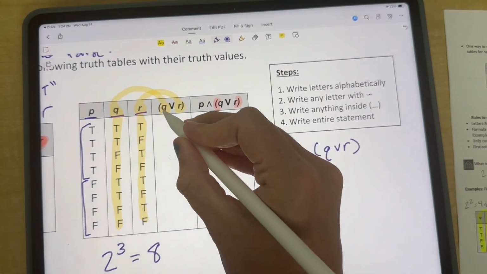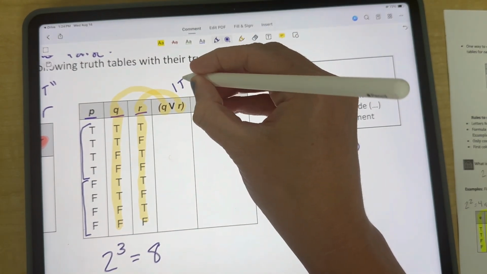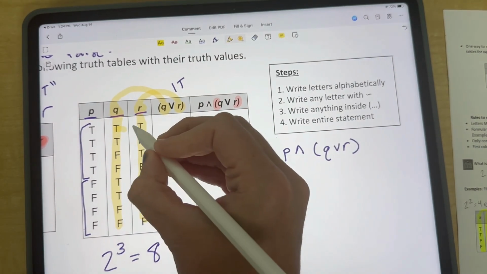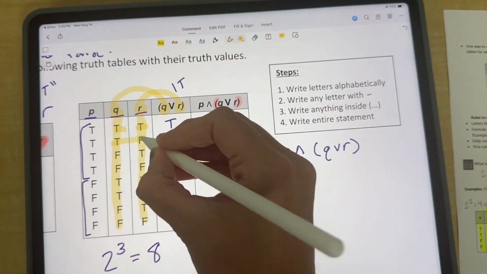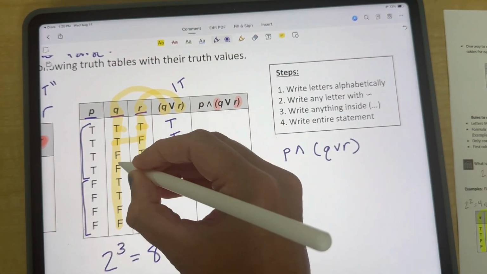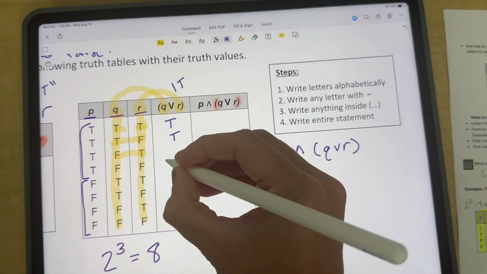So for this column right here, you can only compare 2 columns at a time. Okay? So this says Q or R. So what you're going to do is you need 1 T for this one, right? You're going to go across. Do I have 1 T between these 2? Yes. Do I have 1 T on the next one? Yes.